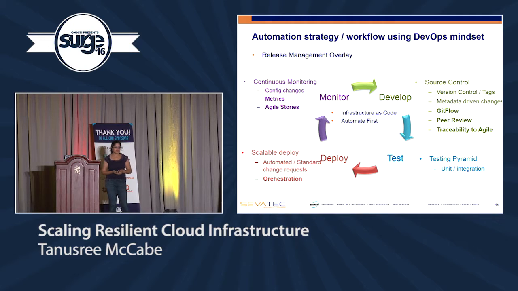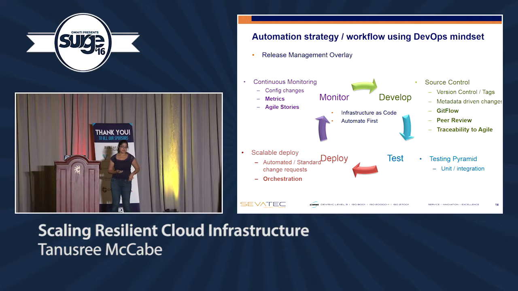From a continuous monitoring perspective, I find it useful to be able to get data. Qualitative data is not really as data-driven as quantitative data. So from a continuous monitoring perspective, you want to get metrics around your actual infrastructure. So certainly these are metrics like performance and things like that. But when you're thinking about scaling your infrastructure as code, you may also want metrics around things like number of successful deployments and stuff like that.